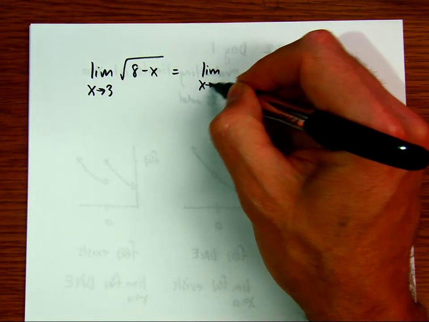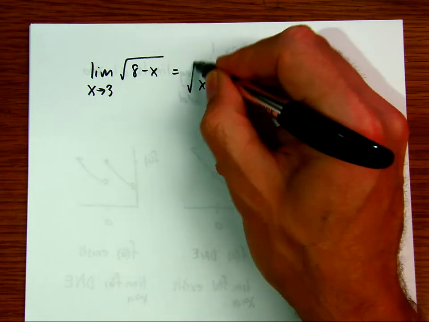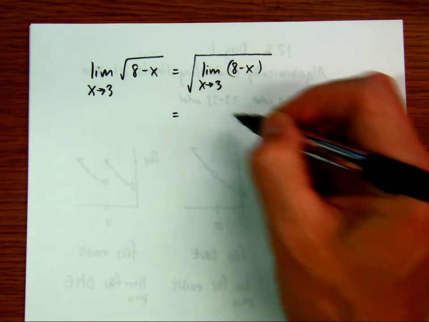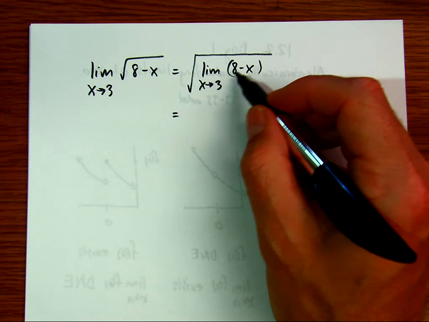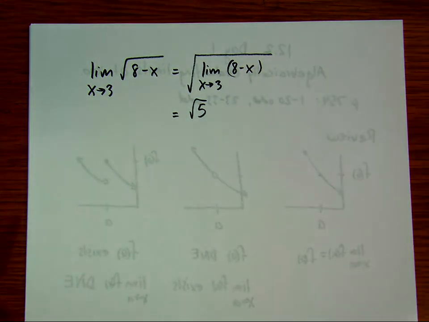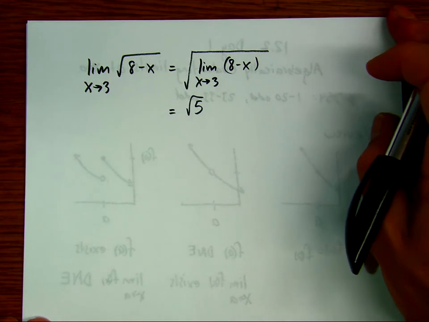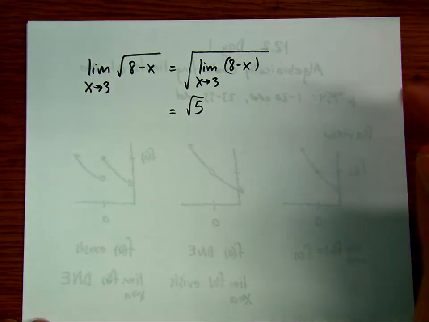Limit as x goes to 3 of radical 8 minus x. So we just substitute 3, you get a 5, and so the answer is radical 5. And that's all evaluating limits with direct substitution, so that's some vocabulary that will be used.